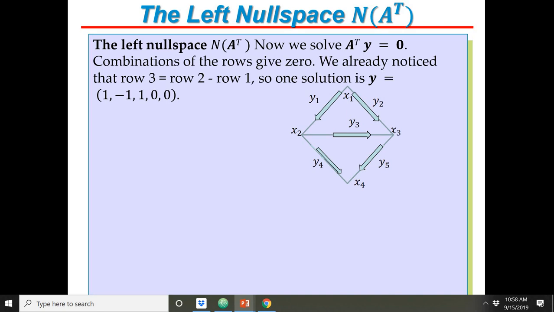And we already have said that row 3 is row 2 minus row 1. So if the y vector captures the dependencies between the rows, this equation immediately can be transformed to a basis vector. And you can see here row 3, 1, minus row 2, so minus 1, plus row 1, 1. So one solution to the left null space problem is 1, minus 1, 1, 0, 0.